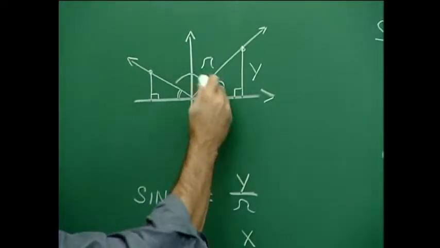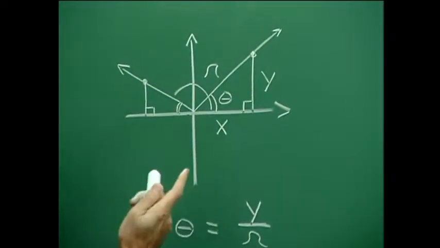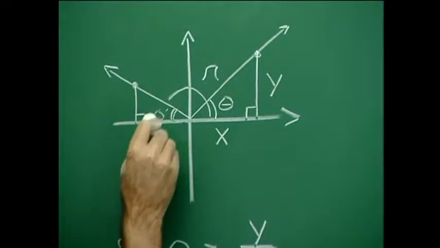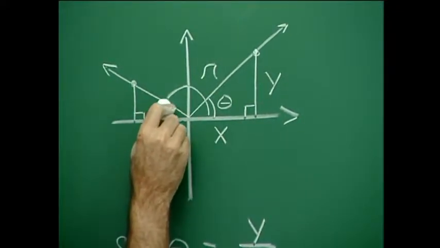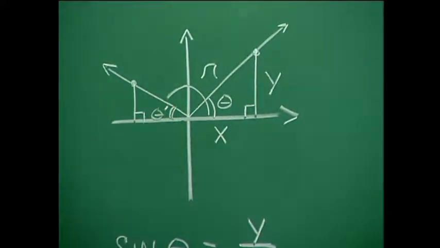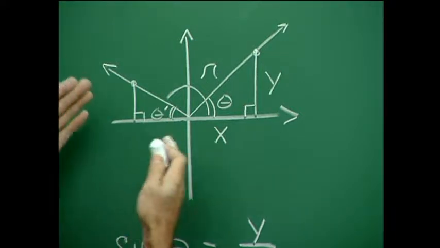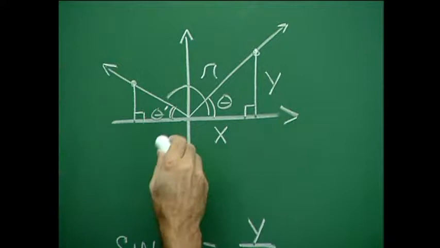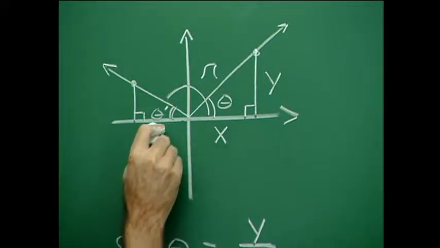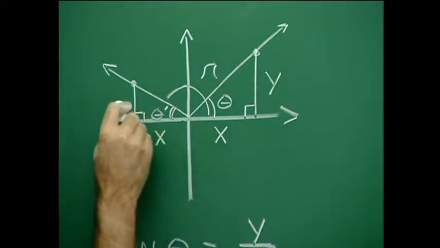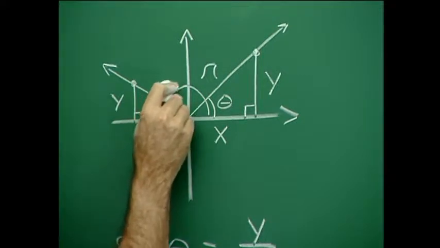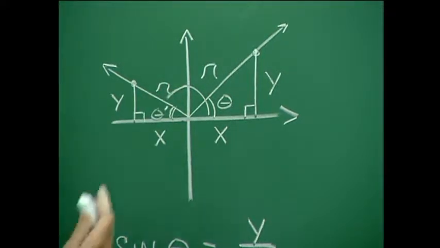If this is theta, we might call this angle theta prime. And we can think about our ratios in a way similar to the ratios over here. After all, this is an x. Now, it's negative in this case, but this is a y, and this is our r. And so we still have the same ratios holding true.